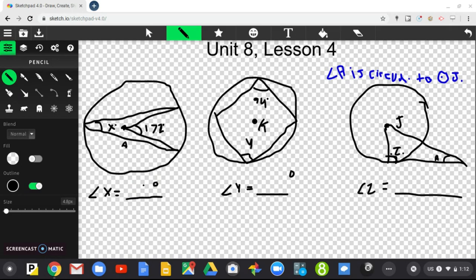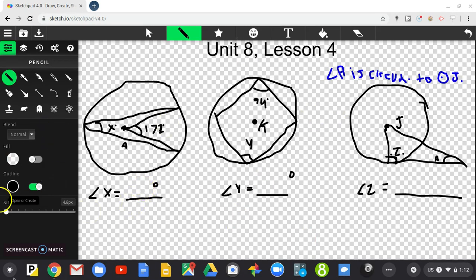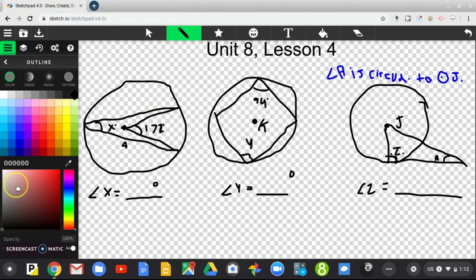The inscribed has half the measure of the central one. So the central angle is the 172 degrees. So I will do that in green. So this right here is the central angle. The inscribed angle I'll do in blue is this.